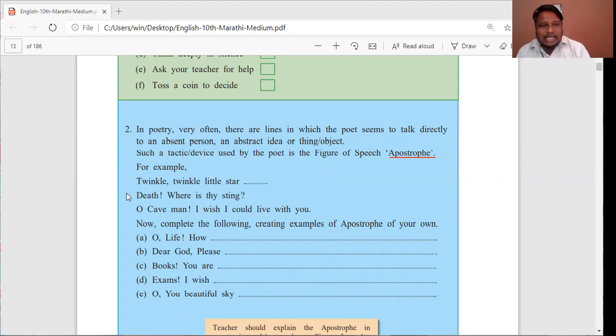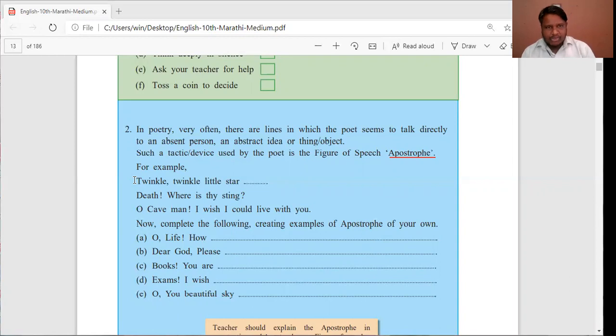Twinkle, twinkle, little star. Death, where is the sting? Oh, caveman, I wish I could live with you. These are the 3 examples of apostrophe, because in these 3 lines the poet talks to someone who is not present in front of him, or to abstract ideas.